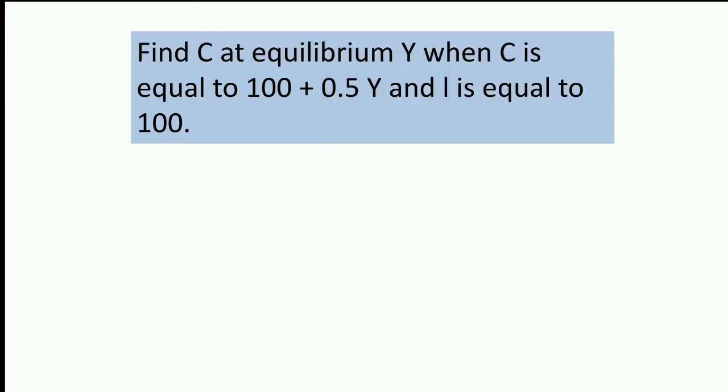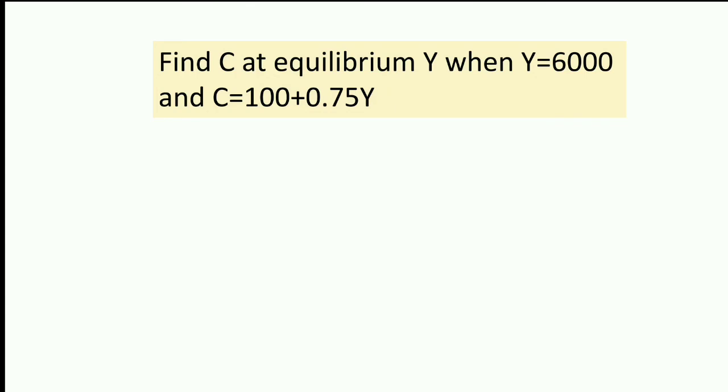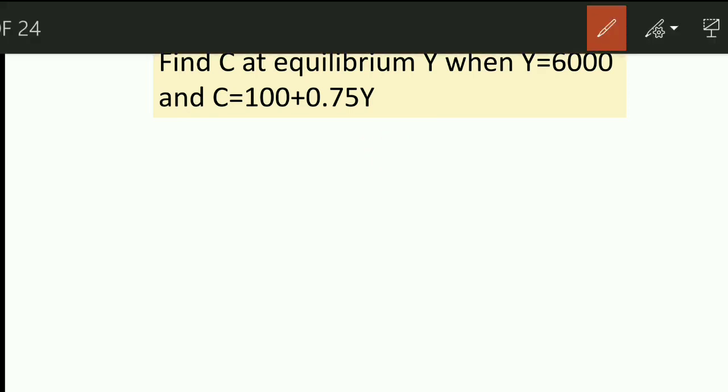Is that very clear? Now moving on to the next question. So what I did, I simply used various equations in this equation, and then I got the value of C. Now the next question says that find C at equilibrium Y when Y is 6000 and C is 100 plus 0.75 Y. Alright, so income Y is given to us as 6000.